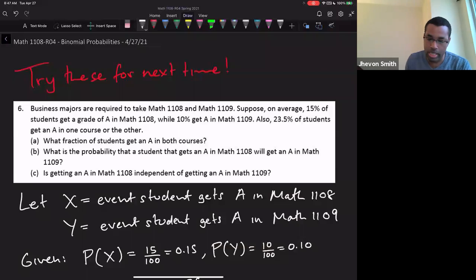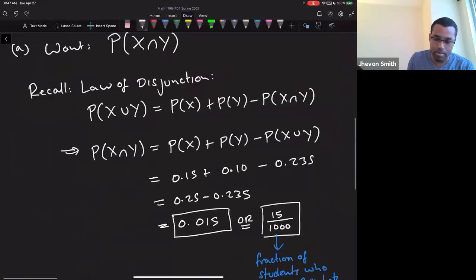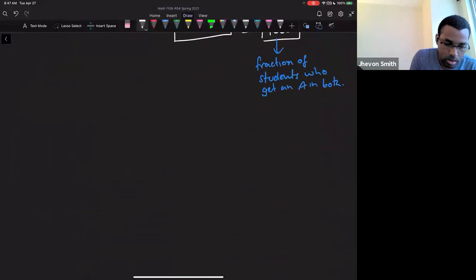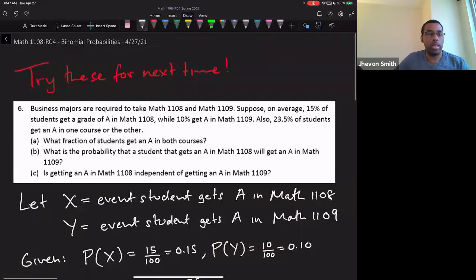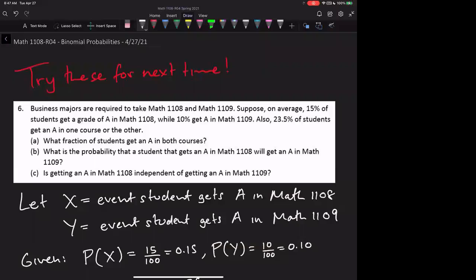What is the probability that a student who gets an A in Math 1108 will get an A in Math 1109? Okay, what is that looking for? The probability that a student who gets an A in 1108 will get an A in 1109. Prediction?